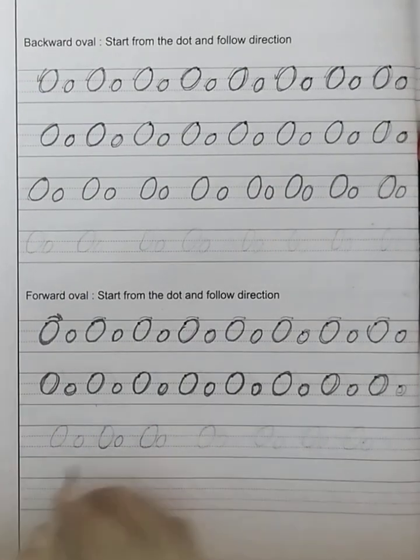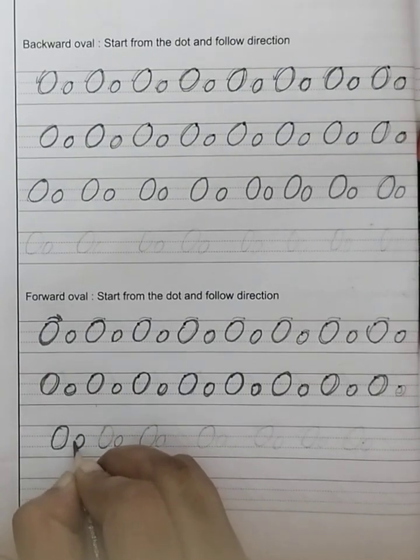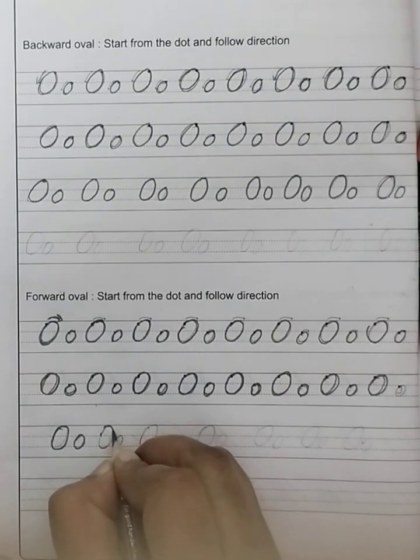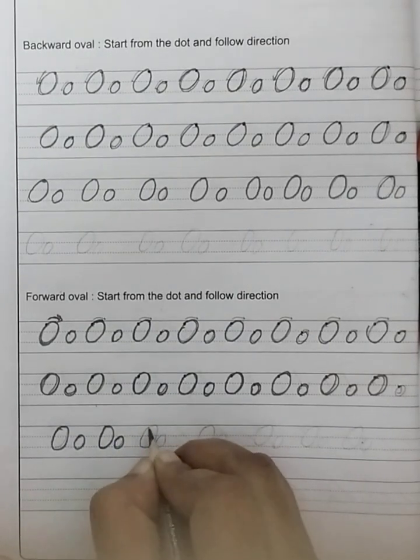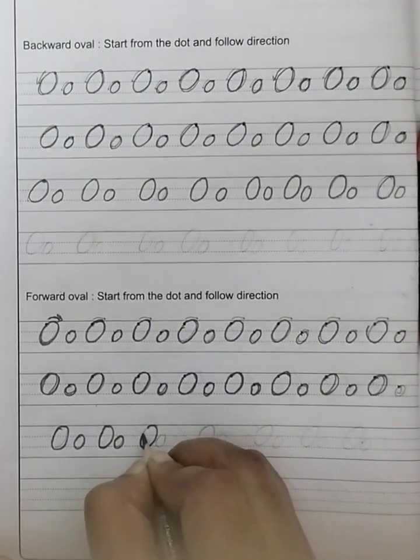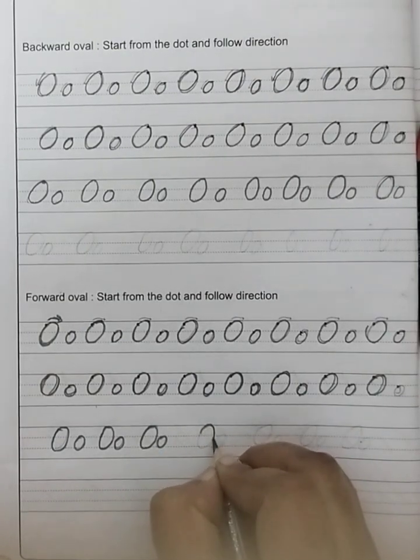Okay, so backward counting I will show you after practicing these dots. So we have to write here the backward and forward oval. This is a forward oval. So we draw like this, forward oval.